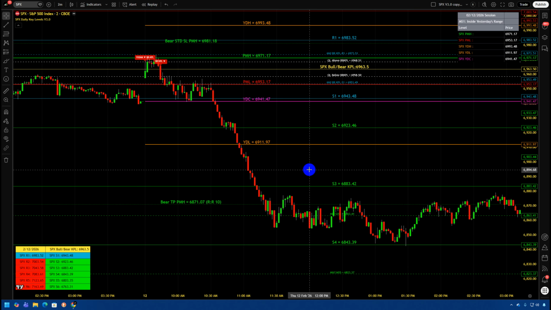So here you have the acceptable range filter turned on at 85%, the standard default setting. And as you can see here, this candle closed below the 9:30 a.m. candle, closed below the BBKPL within the acceptable range, and you have a 9:30 a.m. below BBKPL alert that pops up.